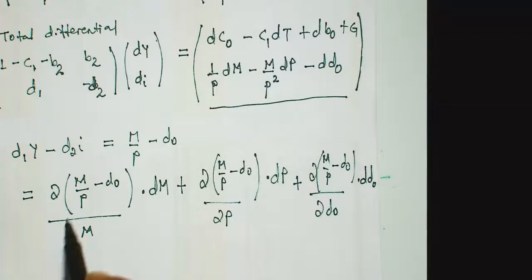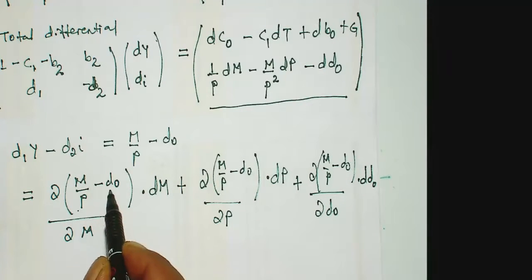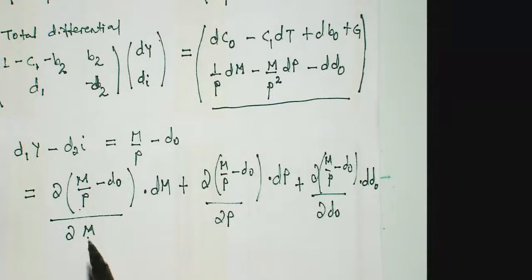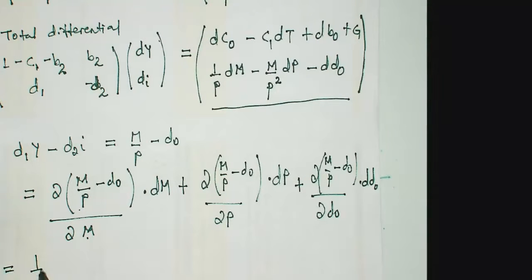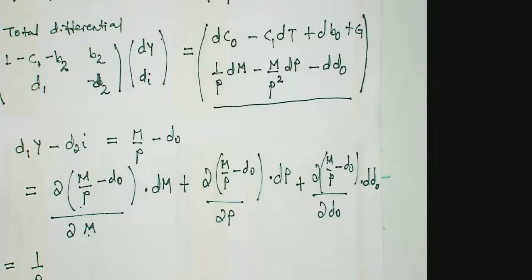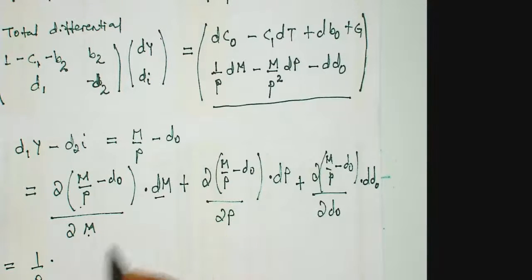If we take the derivative of M over P minus D0 with respect to M, we would get 1 over P as a value, and we still have dM here.